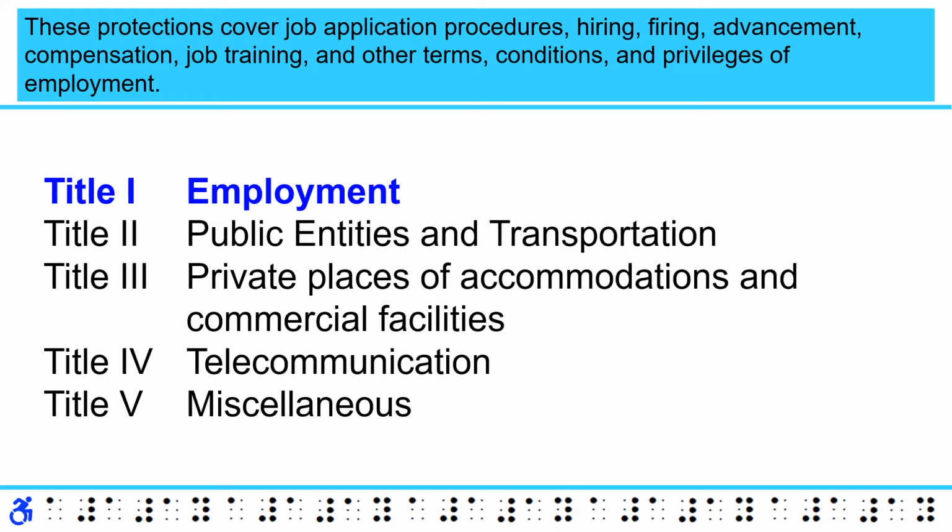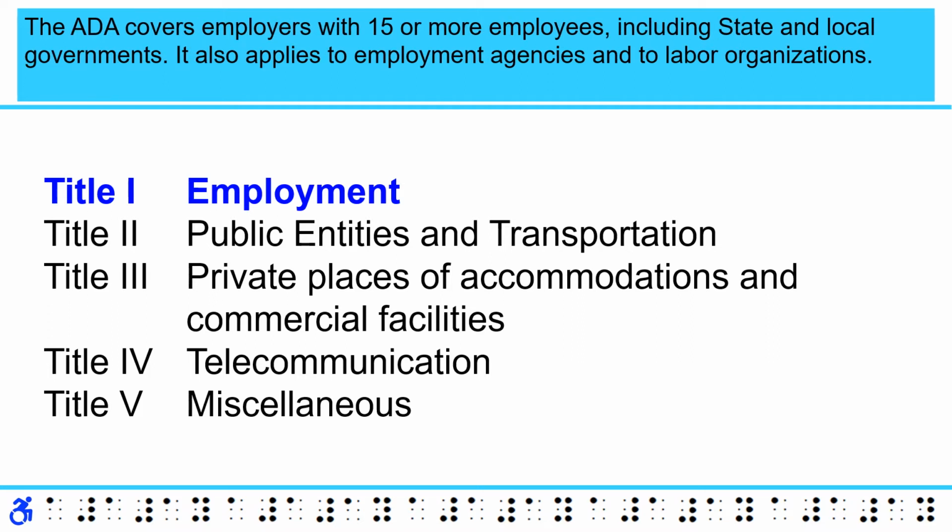These protections cover job application procedures, hiring, firing, advancement, compensation, job training, and other terms, conditions, and privileges of employment. The ADA covers employers with 15 or more employees, including state and local governments. It also applies to employment agencies and to labor organizations.